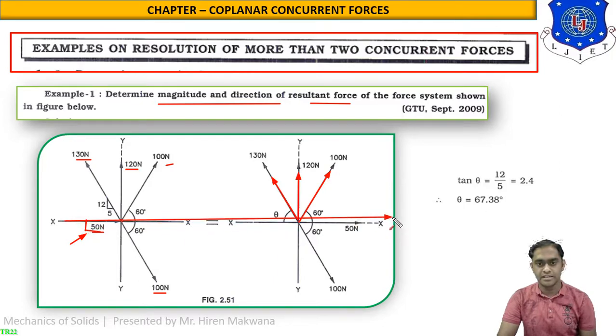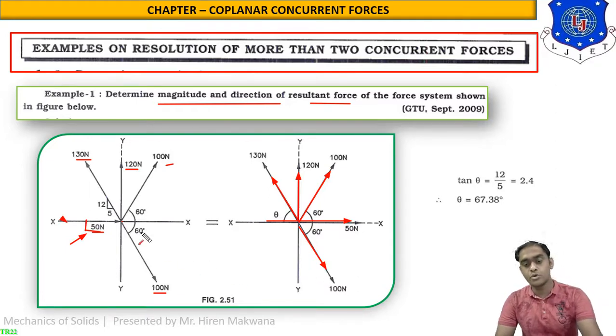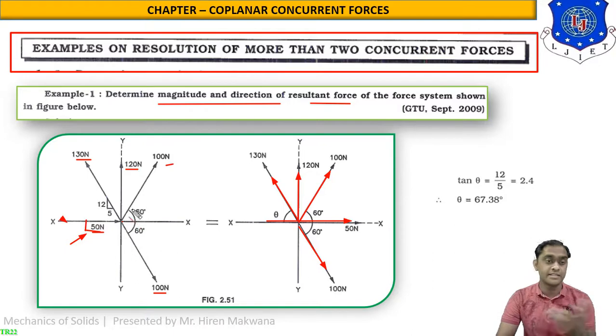Hope you are clear on this. So the 50 Newton force is going to the right, and the 100 Newton fifth force is tensile as it is. Now looking at the angle: the lower angle is 60 degree as it is.